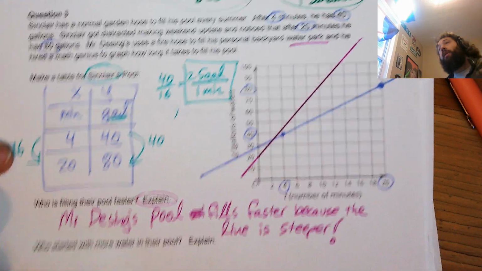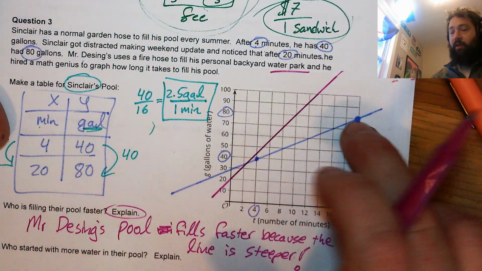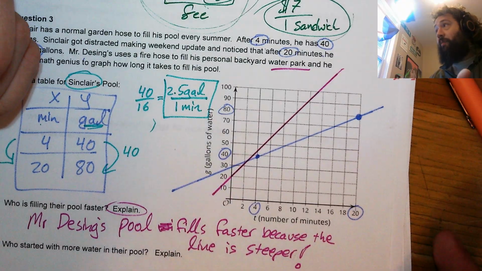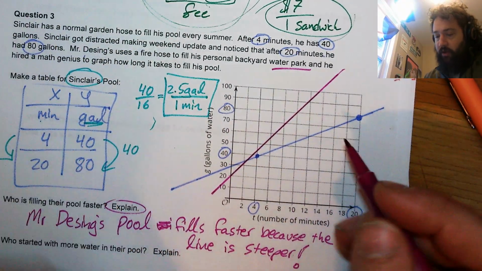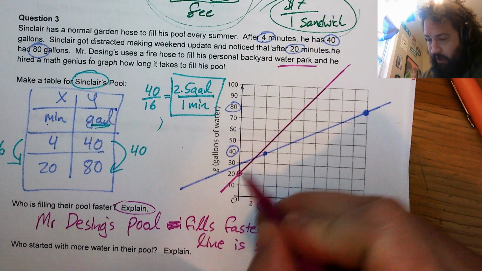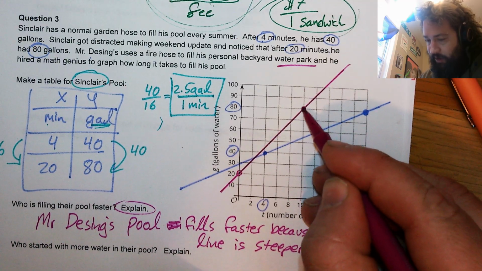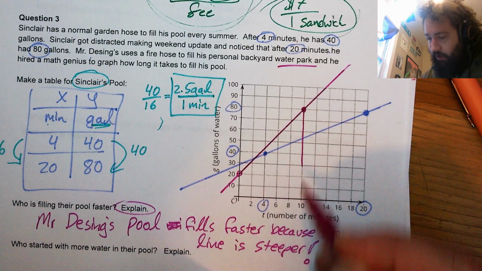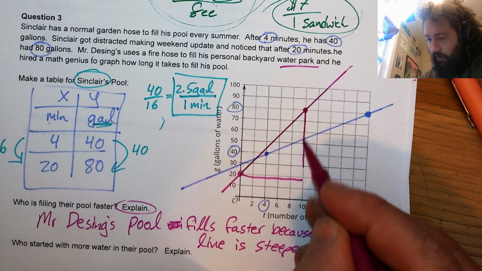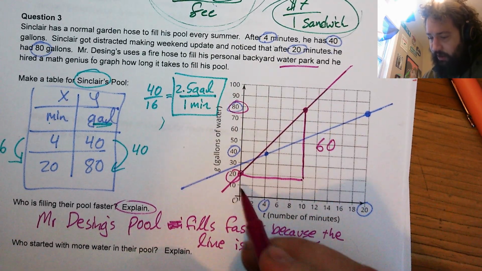Now, some people might not have graphed my line because I didn't tell you to graph my line. So if you didn't graph my line, then you have to compare slopes. So you'd have to find Mr. Deasing's slope. I see a good dot here. I see no other good dots. Oh, I see a good dot here. So I can have a rise and a run of this. So what is that? 20 to 80. So it's a rise of 60.